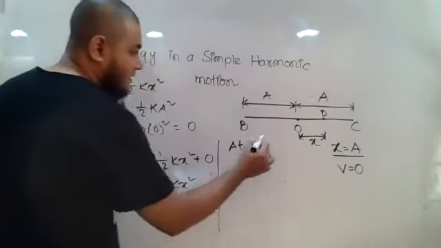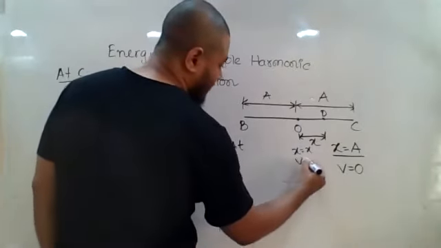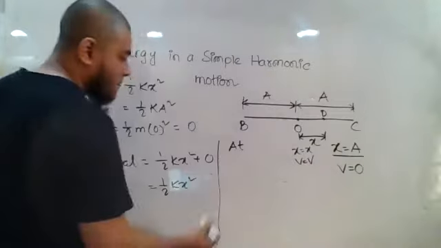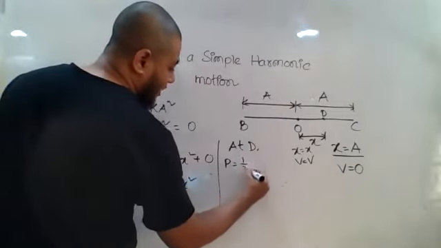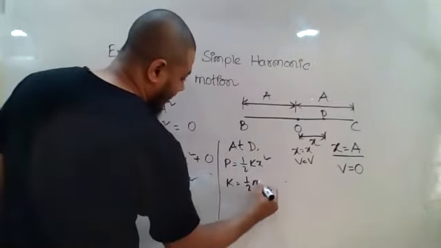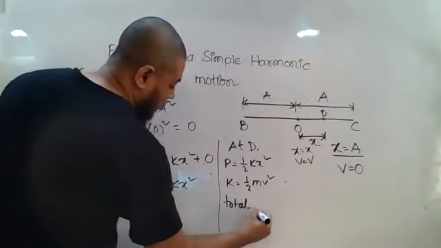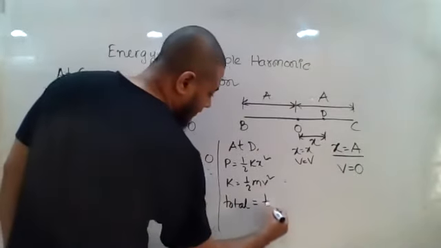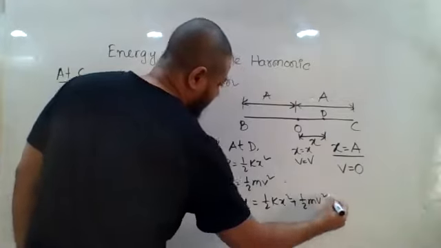Let us consider at D, the displacement is x as I have considered, and the velocity is equal to v. So at D, I know that potential energy is equal to half kx square, and kinetic energy is equal to half mv square. So what will be the total energy? The total energy should be half kx square plus half mv square, right?